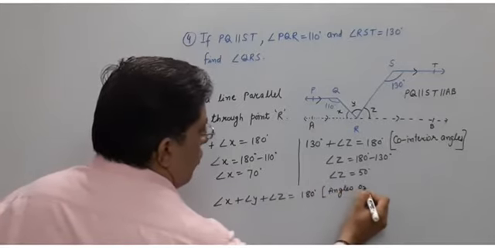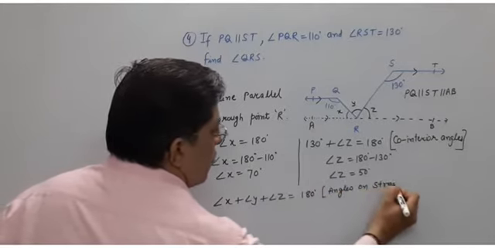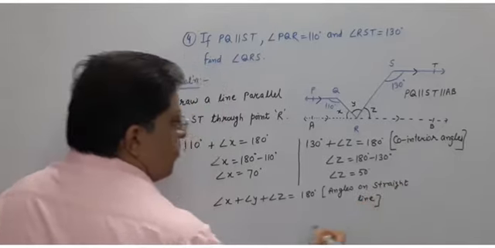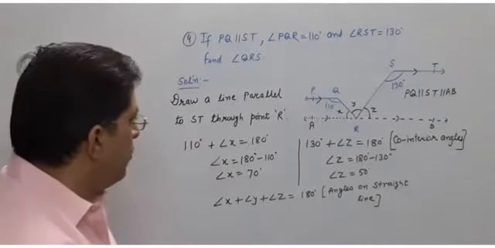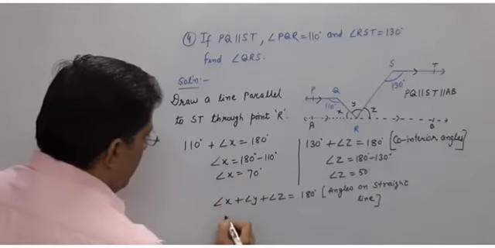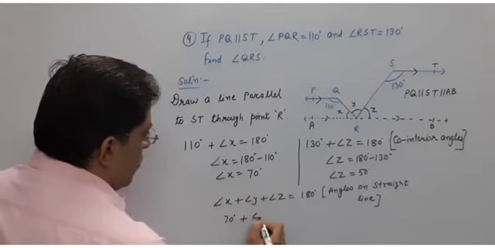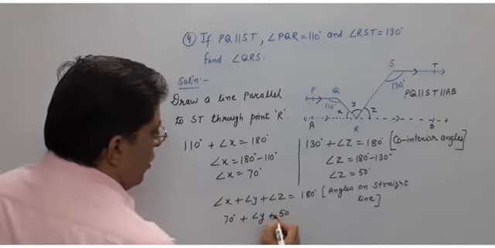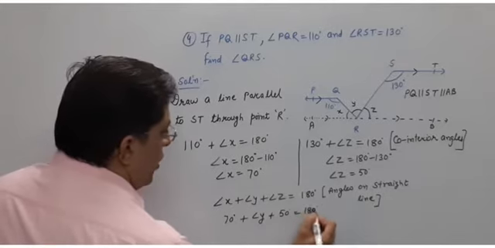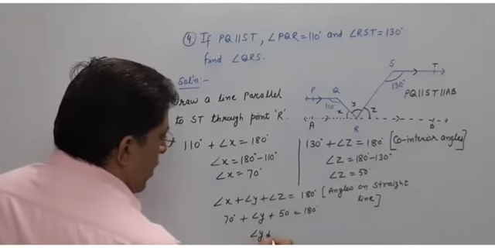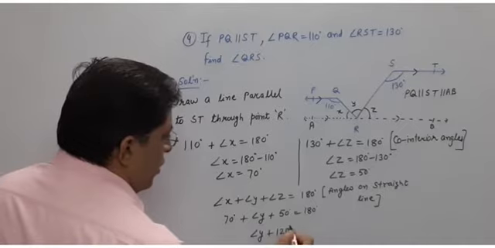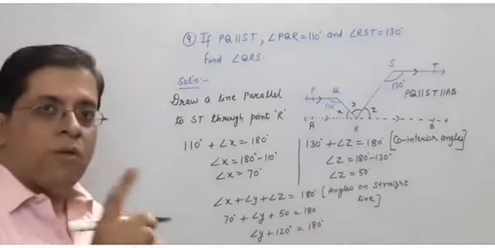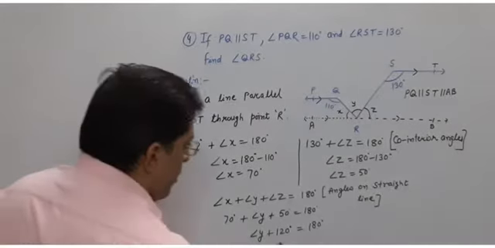So X is 70 and Z is 50 degree. Angle Y plus 120 degree is 180 degree. Then what will be angle Y?